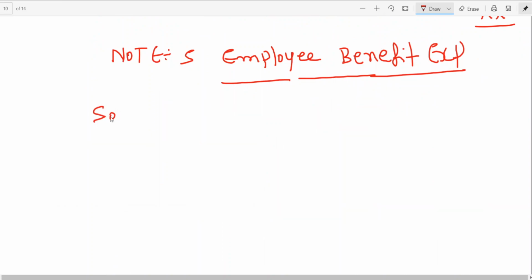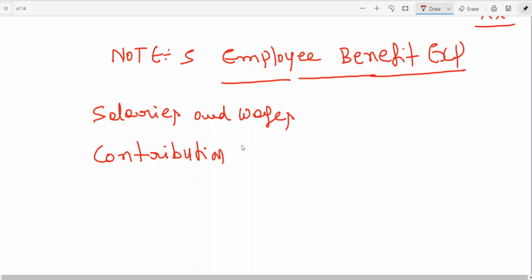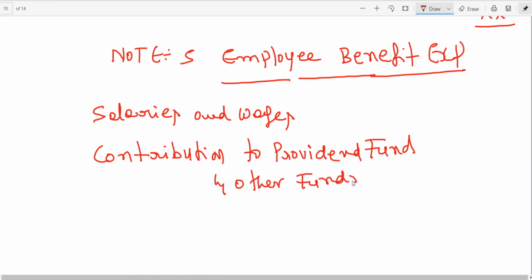Here I told you employee benefit expenses are salaries and wages, contribution to provident fund and other funds which are related to employees, employee stock option plan, employee stock purchase plan, that you will be learning in group 2, my dear friends.